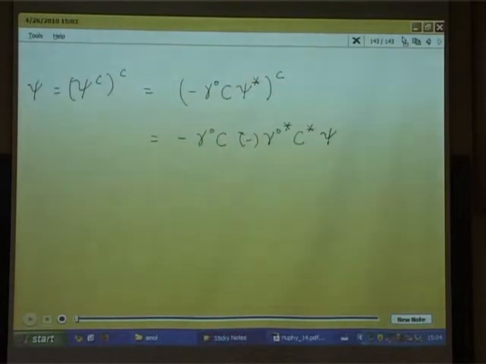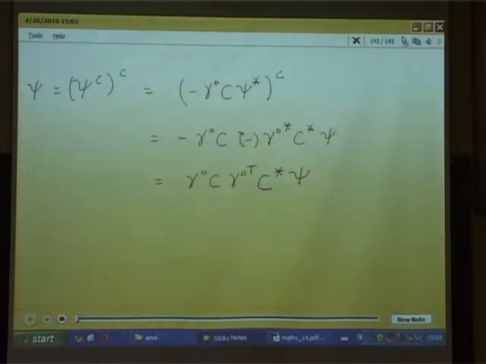Let's see what this is. The minus sign goes away. It's gamma 0 C. Gamma 0 star is gamma 0 transpose, because gamma 0 is Hermitian. Gamma 0 dagger is gamma 0. And C star times psi.